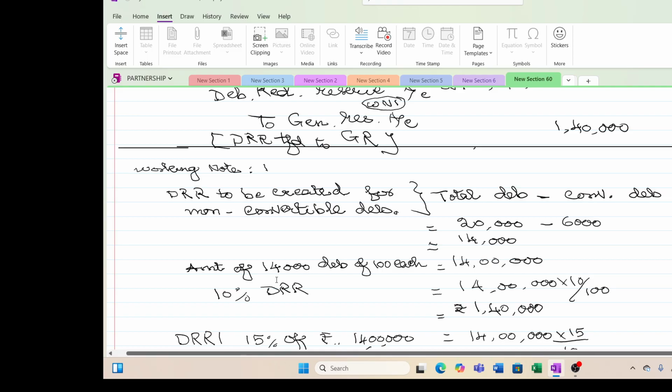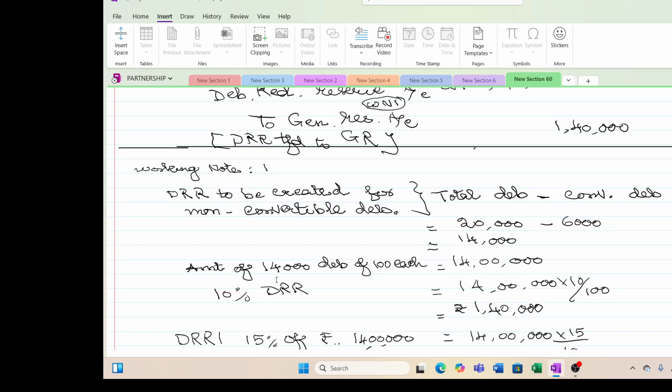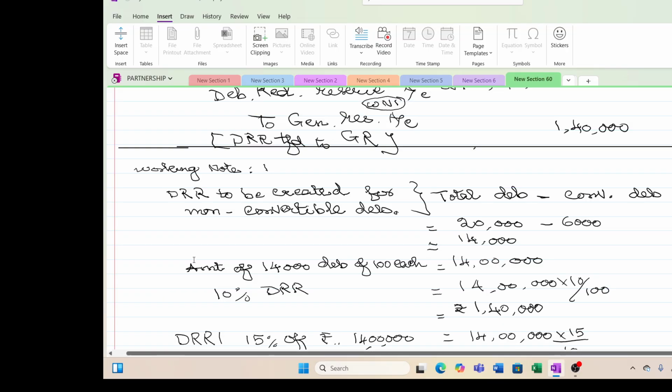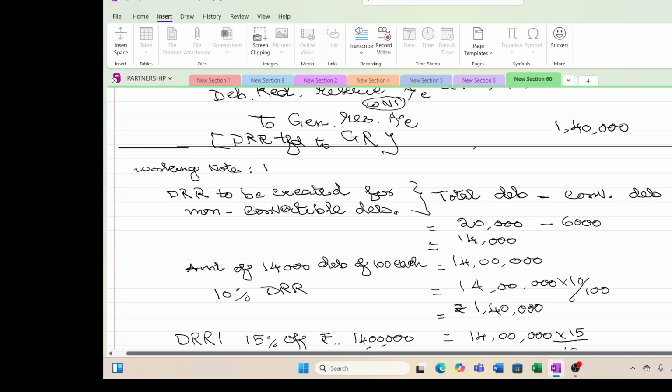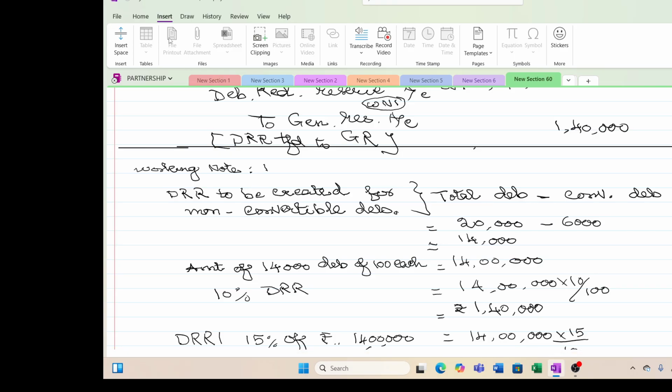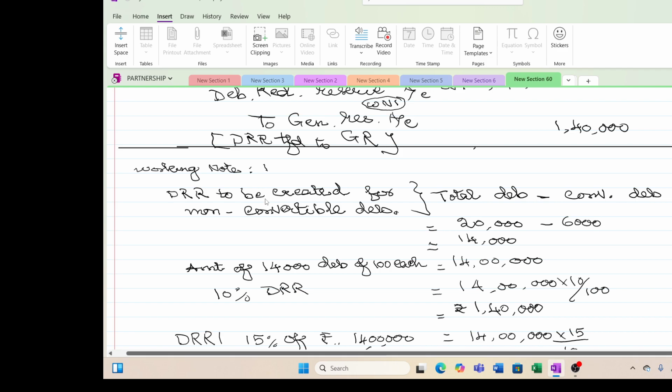Because for the convertible portion, there is no need of any reserve or security, because that will be converted into equity shares. Only for the remaining non-convertible portion the company had created it. So we have to find out how much it was created. DRR created, sorry, to be created, not it is created already.